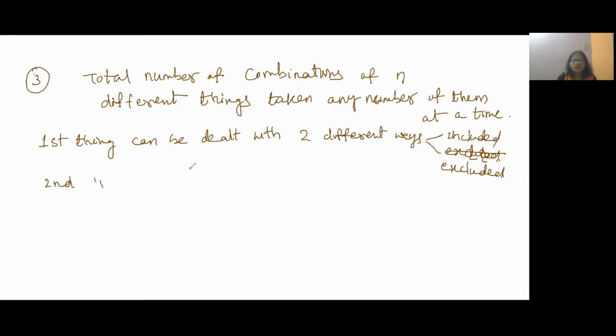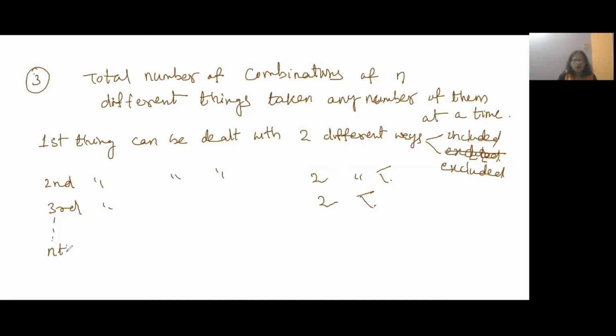Now you come to the second. The second thing can be dealt with, again, in two different ways, included or excluded. The third thing will be dealt with, again, in two different ways, included or excluded. Like this you continue.